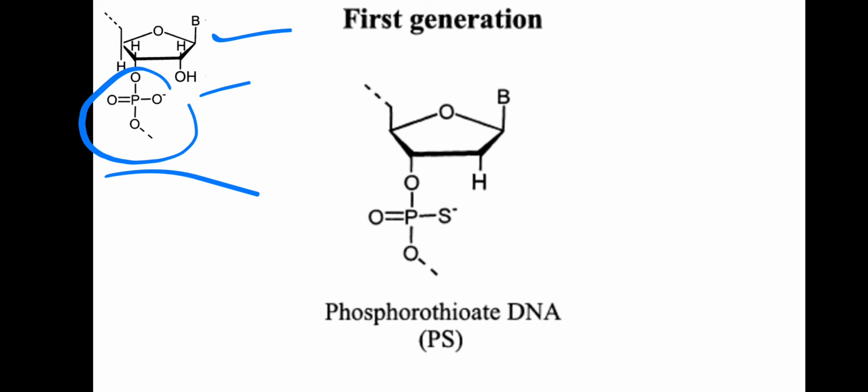Now you can see this is the first generation antisense molecule, and here is the sulfur. This is the first generation antisense oligonucleotide. The free oxygen is replaced by sulfur, so this is called phosphorothioate DNA. Why DNA?